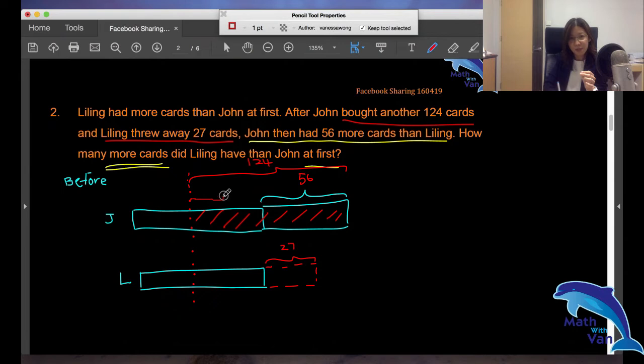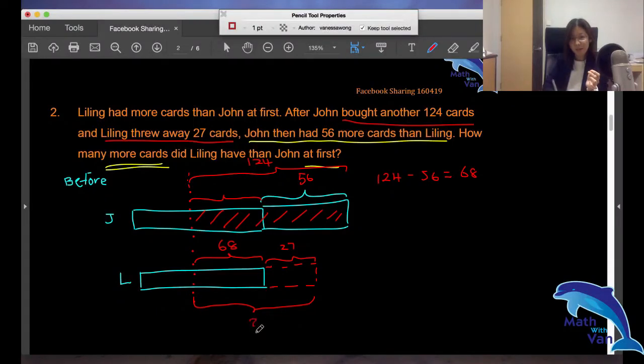Am I able to find out this part here? And why is finding that part so important? Because here is where the difference of Li Ling and John is. So I need this blue portion here. Having found that, it would take 124 minus 56. And what is my answer? 68.